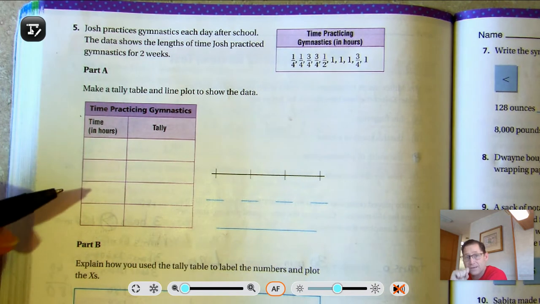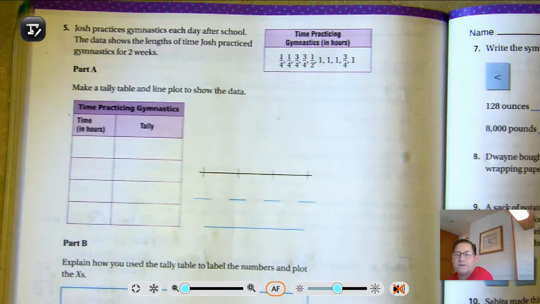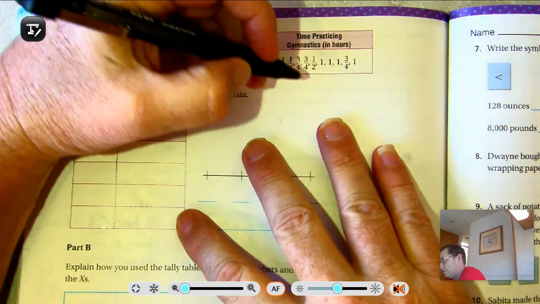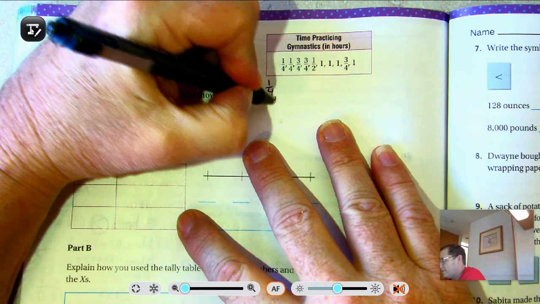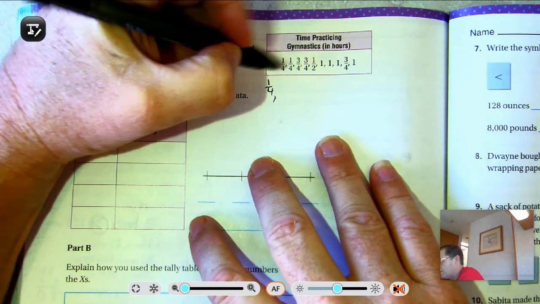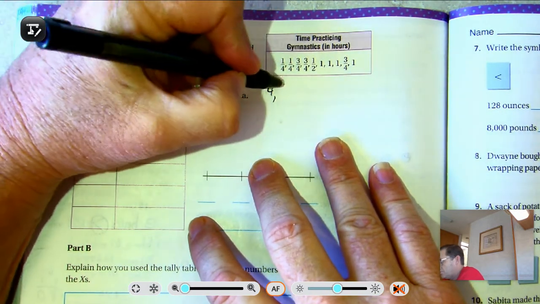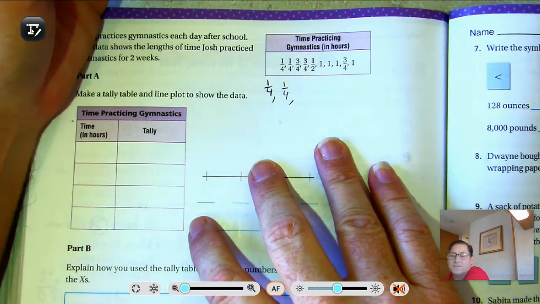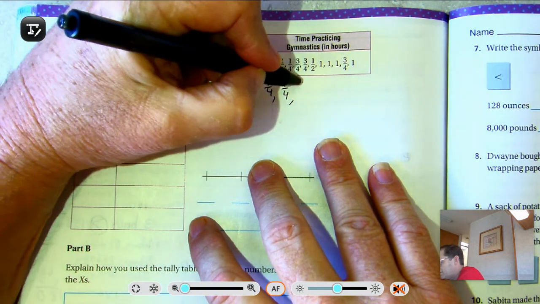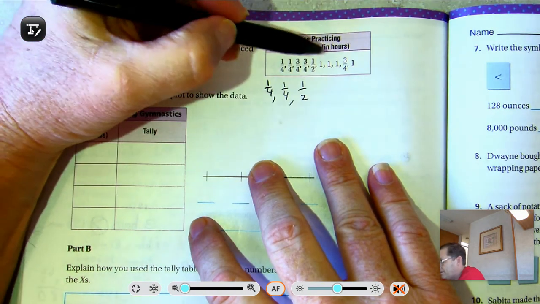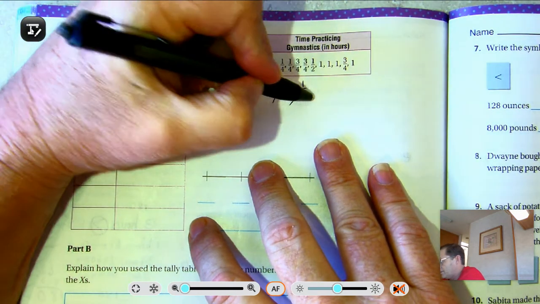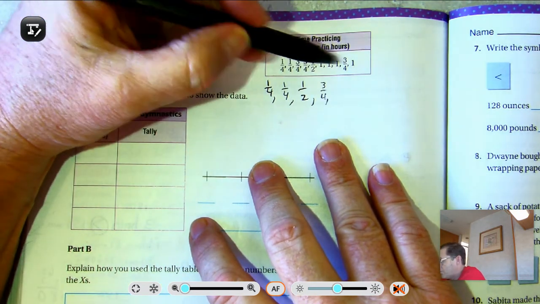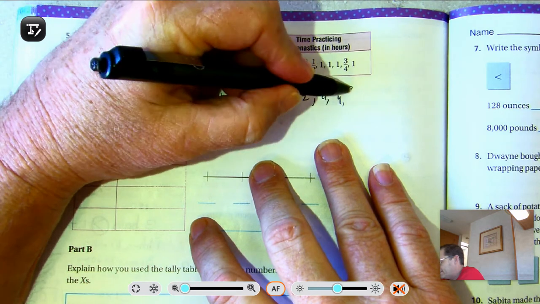Okay. So you'll recall that we started by putting the raw data numbers in order. So 1/4 is the smallest, and there are 2 of those. 2/4 is the same as 1/2. So 1/2 is next, and there is 1 of those. 3/4 would be next, and I see 1, 2, 3 3/4.